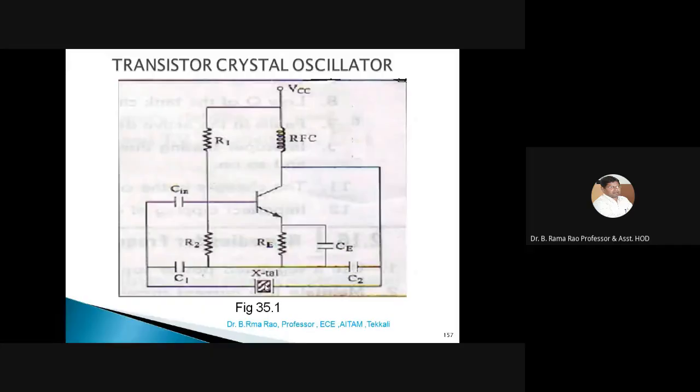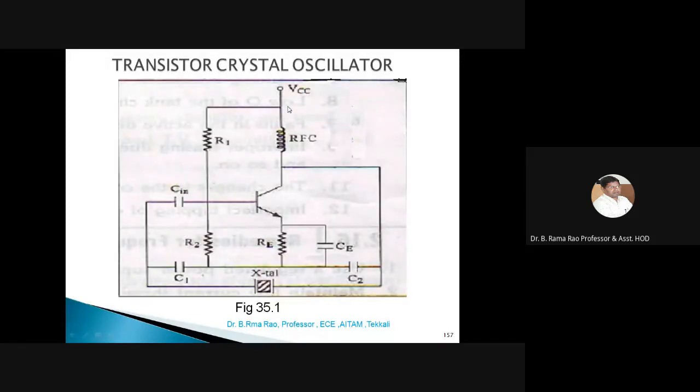We have discussed the crystal material, a piezoelectric crystal, usually quartz. There are three different crystal materials: Rochelle salt, tourmaline, and quartz. The most commonly used is the quartz crystal, and we are going to use quartz here. So this is the circuit construction, which is very simple.